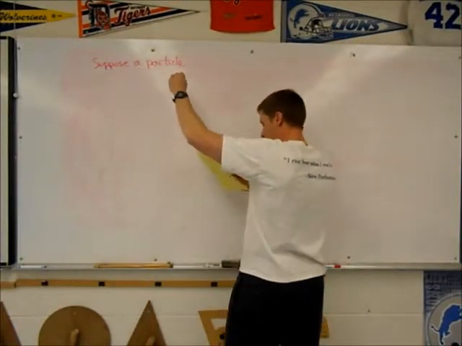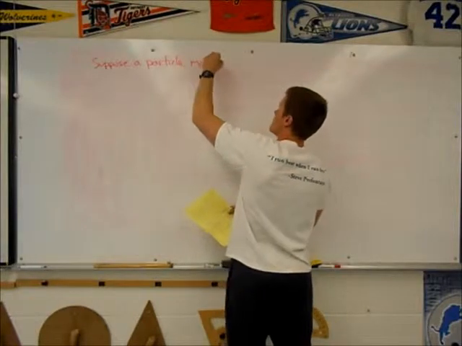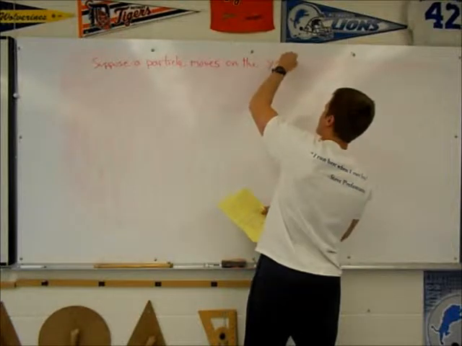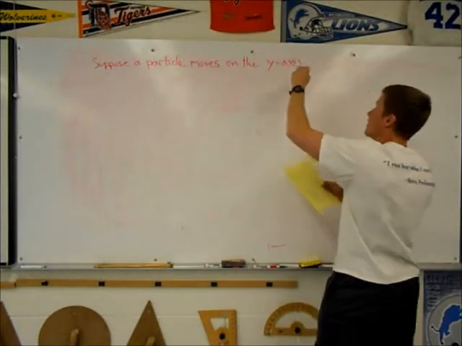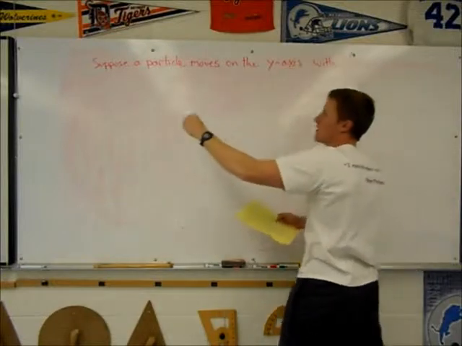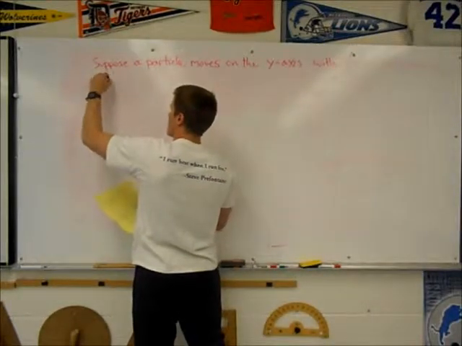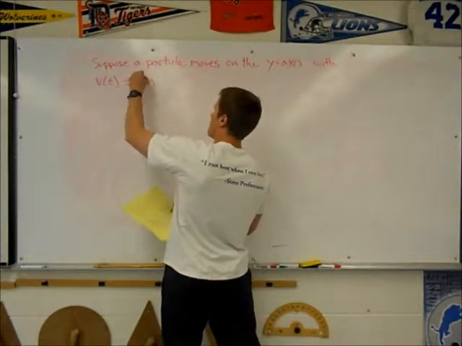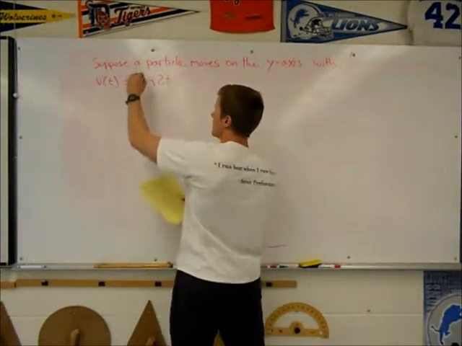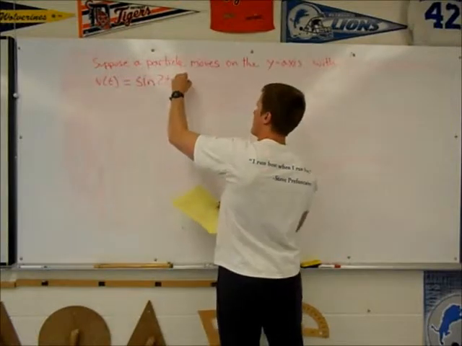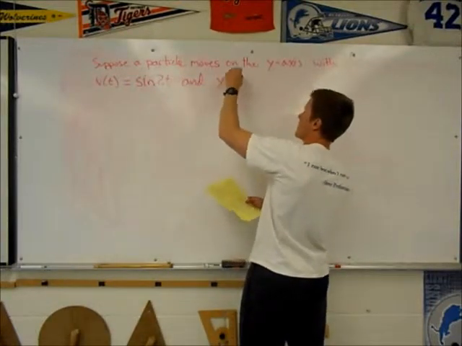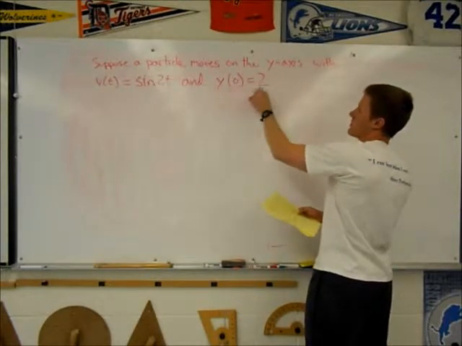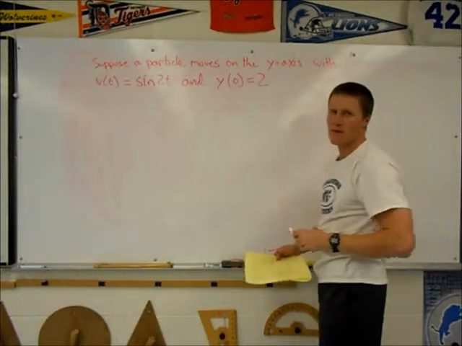Suppose a particle travels on the y-axis with velocity given by sine 2t. And the initial position, the initial condition at t equals 0, it's 2 units above the origin.